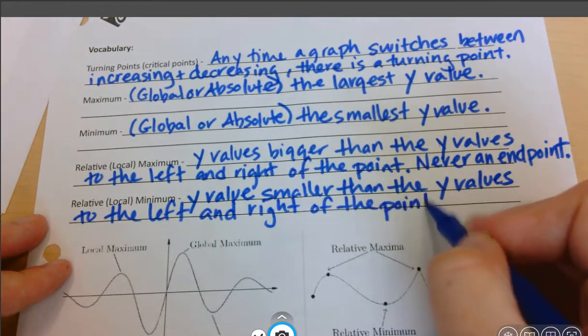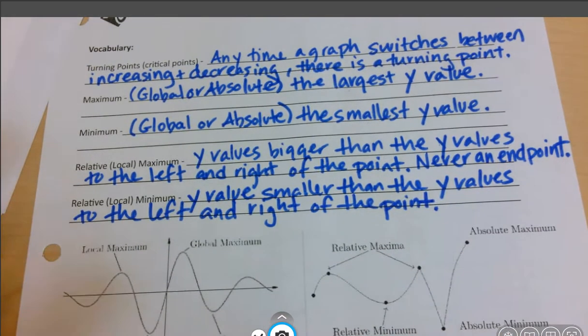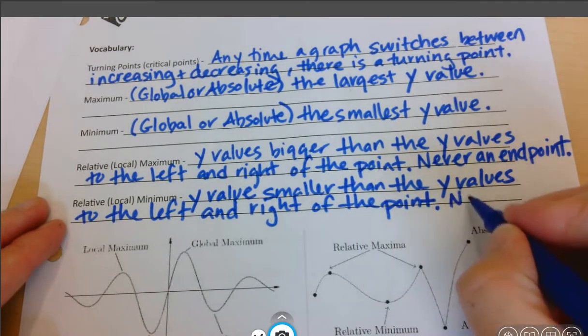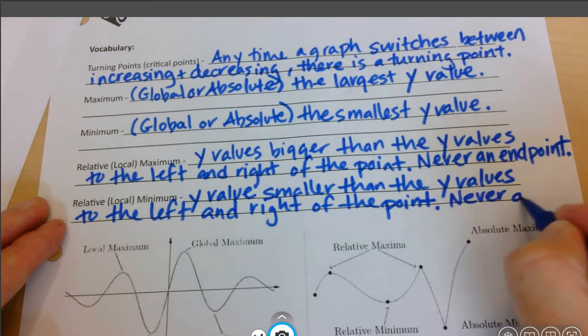And again, an endpoint cannot be a relative or local minimum. It can be an absolute max or min, but it can't be a relative max or min. So never an endpoint.